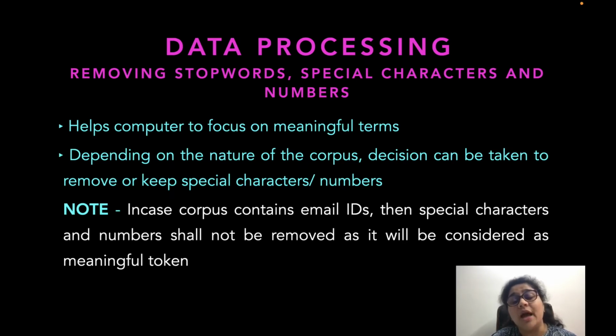If it is really adding value, we don't remove it. Otherwise, the whole corpus will become meaningless. Because ultimately, the idea is to reach meaningful terms. And if by removing something, in a particular case, it makes that corpus meaningless, then we don't remove it. So that's what I have captured as a note here.